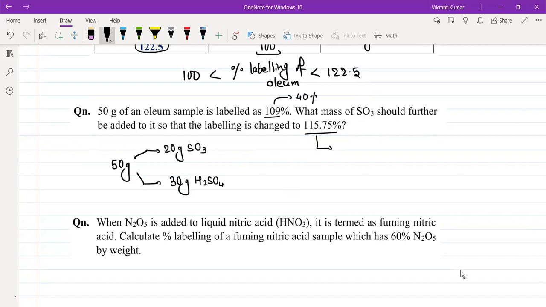I got 70% by mass SO3. So I think थोड़ा mistake किया मैंने, फिर भी right answer आया.